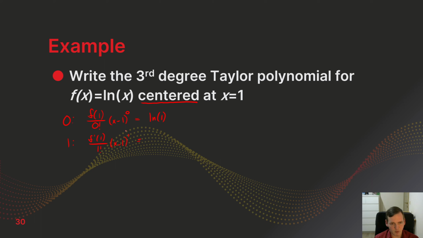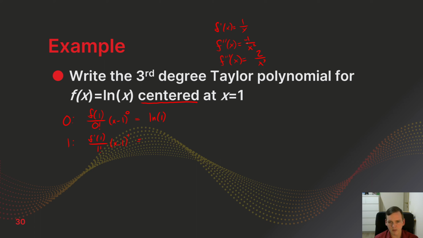And f prime of 1 is, well, let's write those off to the side here. f prime of x is equal to 1 over x. f double prime of x is equal to negative 1 over x squared. The third derivative of x is 2 over x cubed, and so on and so forth. You can continue that, but I just wanted to write that off to the side.